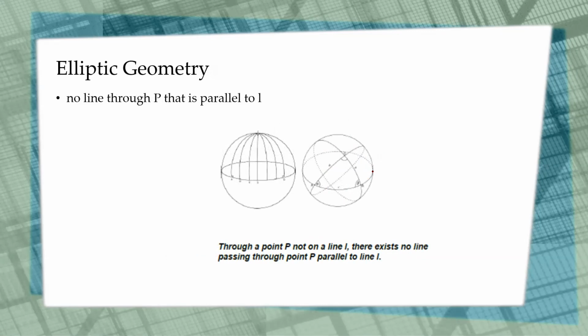So how about naman the case when there is no line? And that is the elliptic geometry. So through a point P, not on line L, there exists no line passing through point P parallel to line L. So if we have a line here, and we choose a point, then that line will always meet.